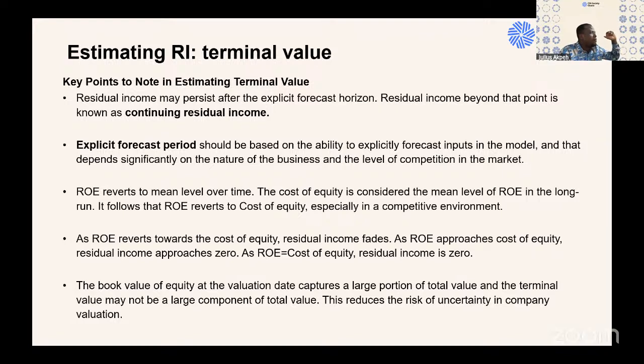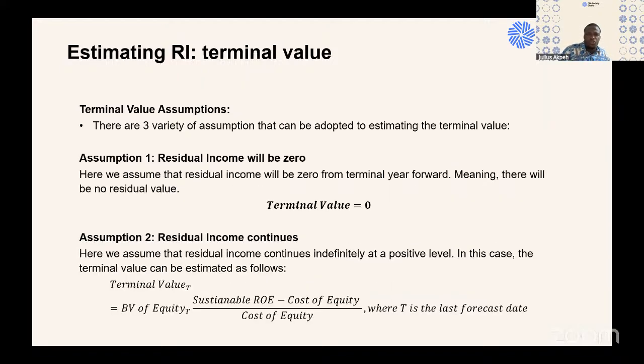If the company can sustain its competitive advantage over a longer horizon, then the convergence will not happen soon. So you can still see ROE above cost of equity for a longer period. If it's going to take a shorter period because of competitive pressure, then the convergence is going to happen really quick. And in that case, of course, the residual income will not persist for too long.